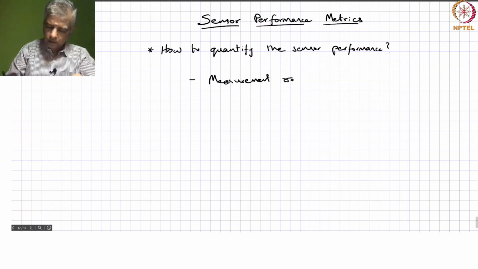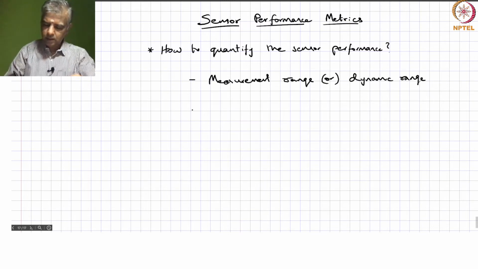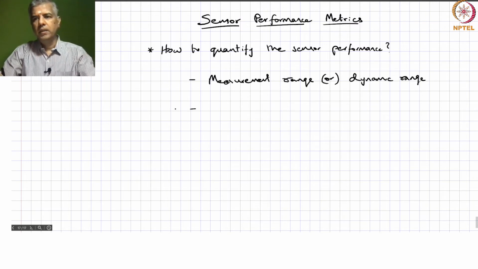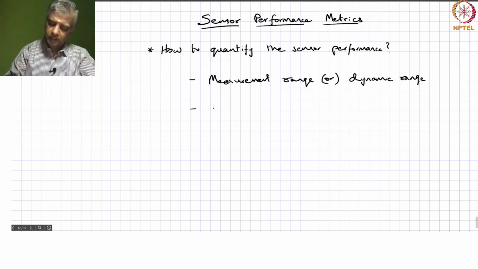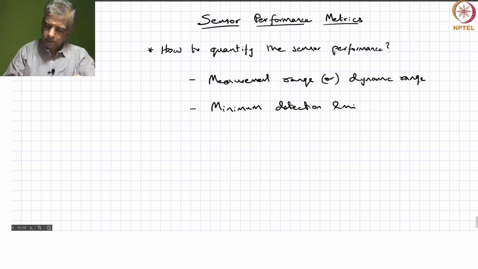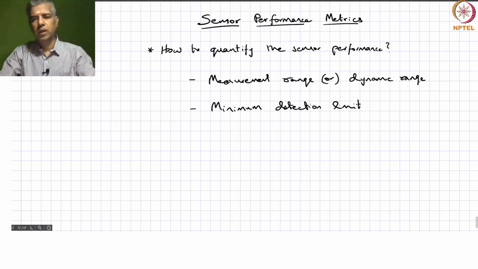Range, or in some cases it's also called the dynamic range of the sensor. Okay. Next will be the minimum detection limit. So what is the minimum quantity that you're going to be able to measure in terms of the sensor?